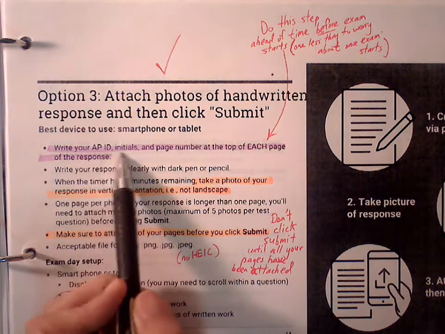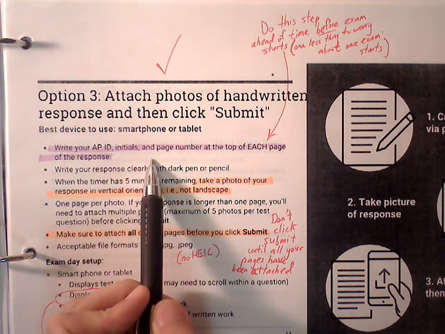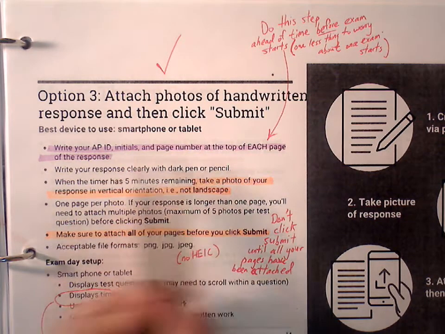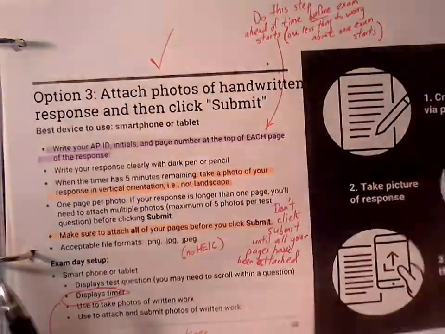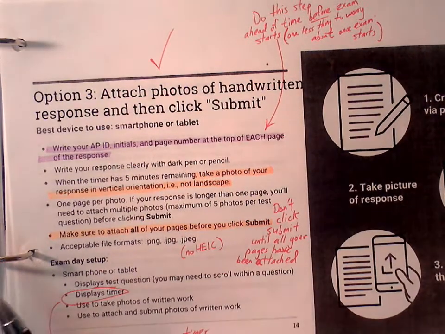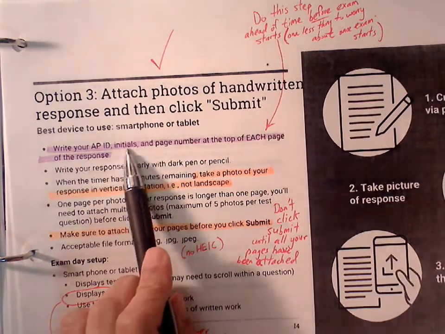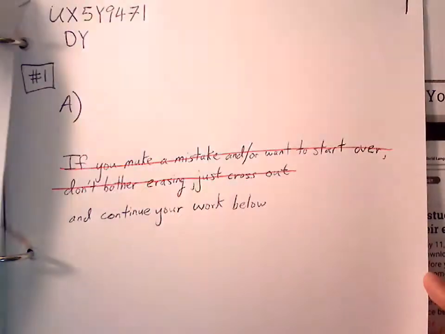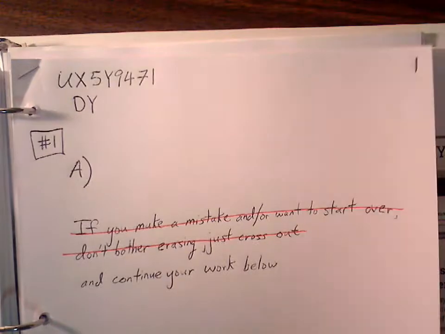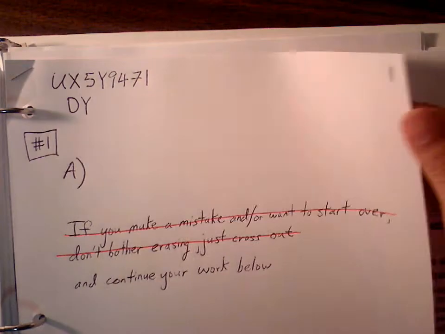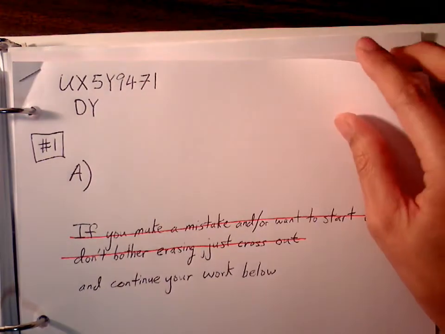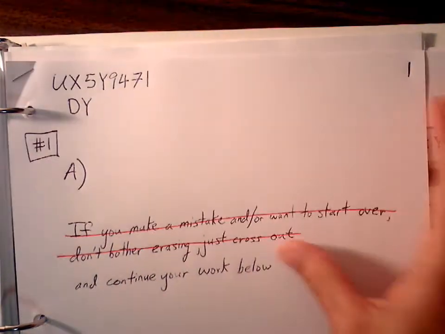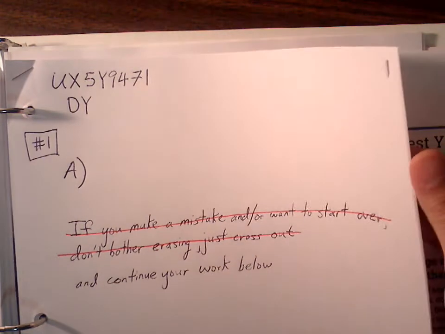We can have some blank pages available, and just make sure that we number those pages, and we can also write our AP ID initials at the top. So maybe something like this, where you can have all your pages ready to go, so that just gives you one less thing to worry about. Write your ID, write your initials, number the pages 1 through 5. Okay.